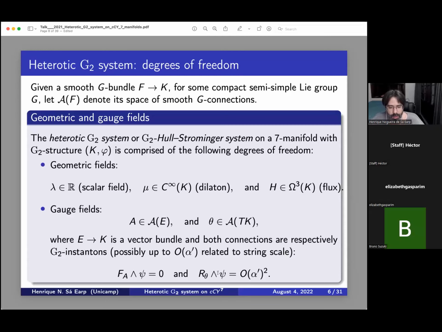And indeed, you can choose them to satisfy this equation to very large orders of alpha prime. But in any case, physicists tell me that this is fine because it fits into a perturbative argument in alpha prime, so only the dominant terms in the end matter, and that's enough for the kind of physical argument that would ensue.